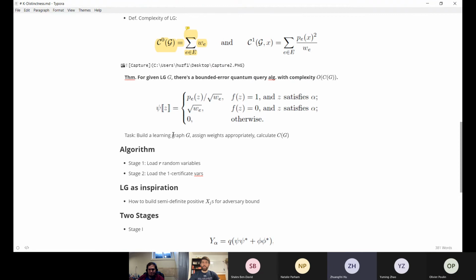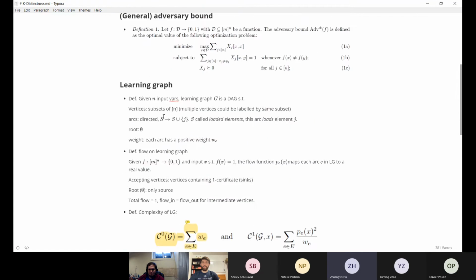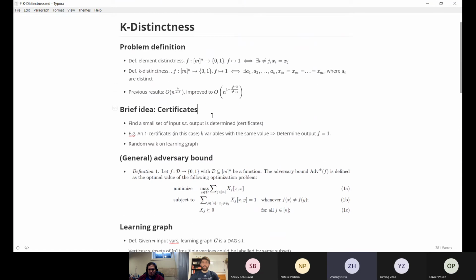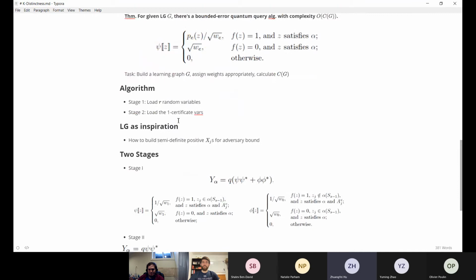In the original algorithm mentioned here, with this complexity, it builds a learning graph with 2 stages. In stage 1, they load R random variables. These R random variables should be different from the certificates that we need to use. And in stage 2, the 1 certificate variables are loaded.